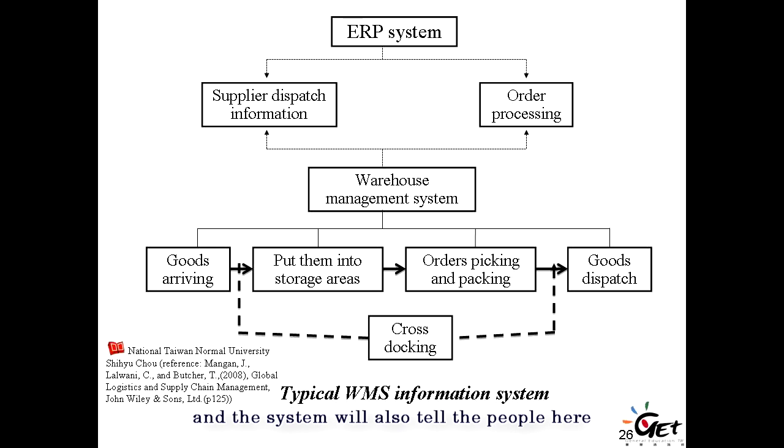And then the system also will tell the people here which customers these orders will be sent to, etc. This warehouse information system interfaces with the firm's information system and makes the functions performed very smoothly in the warehouse. Okay.